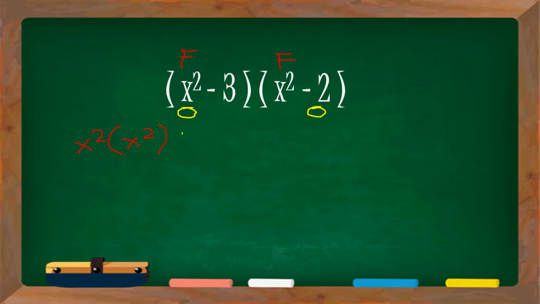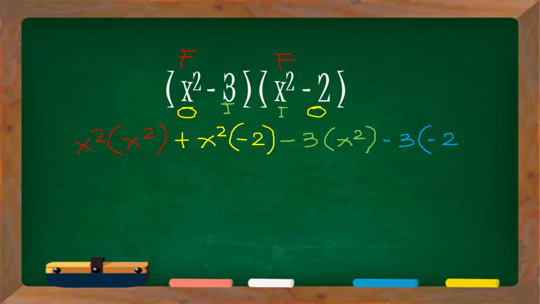So, we have positive x squared times negative 2. Then, the inner terms, negative 3 and x squared. So, we have negative 3 times x squared. And the last term is negative 3 times negative 2.